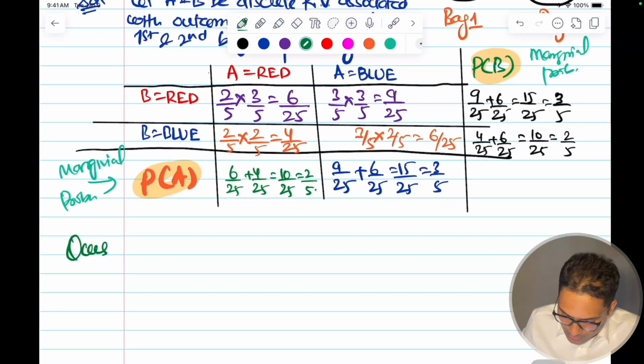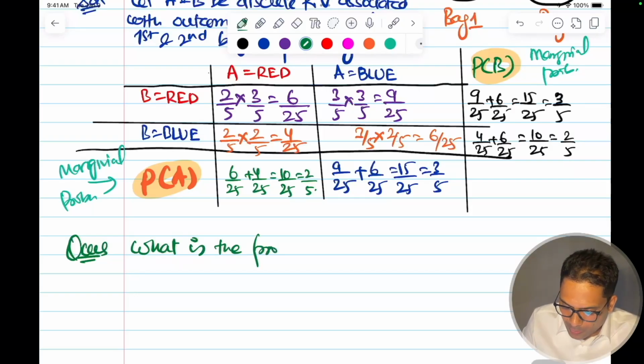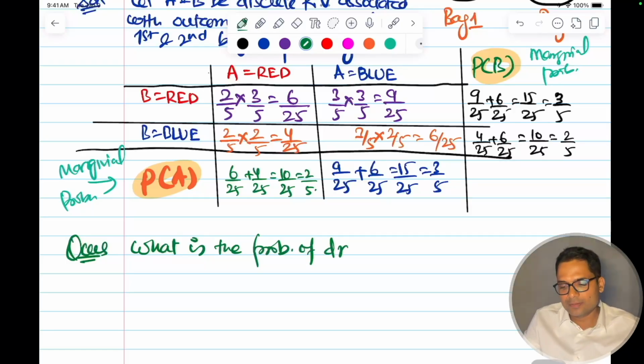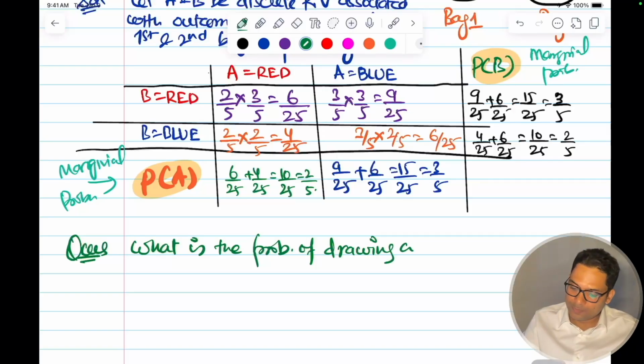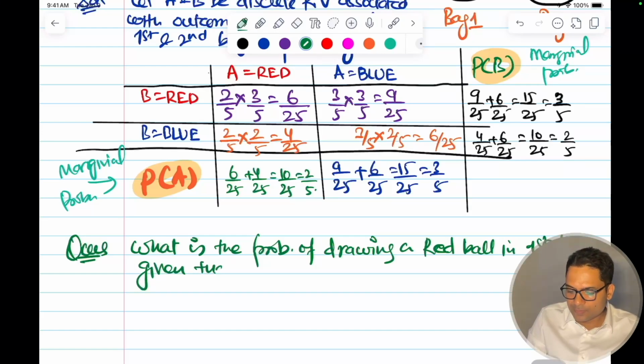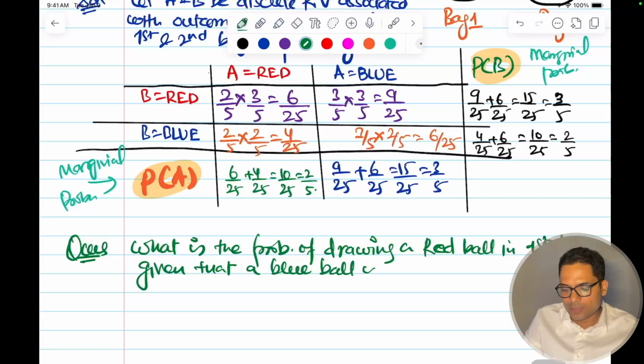So my question here is, what is the probability of drawing a red ball in the first draw given that a blue ball is drawn in the second draw.